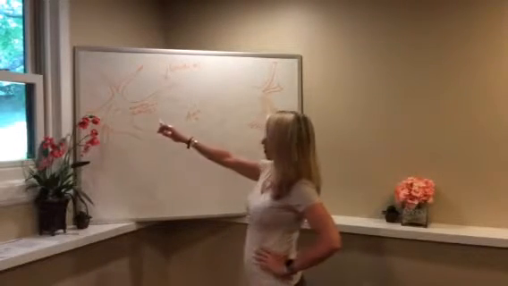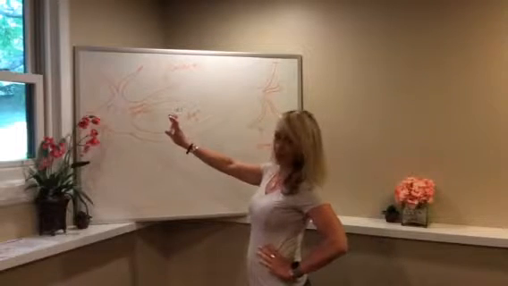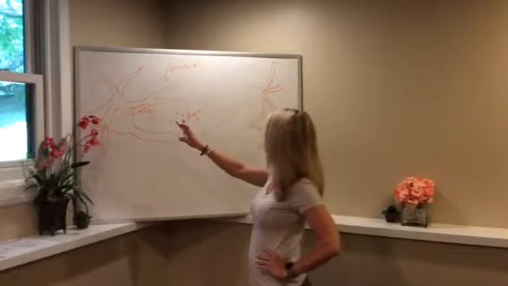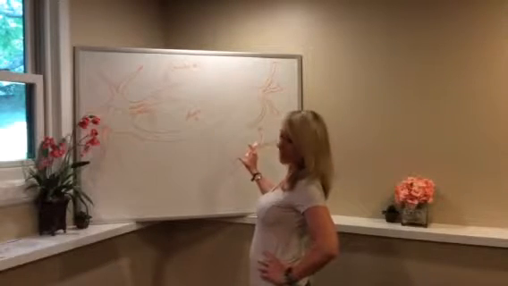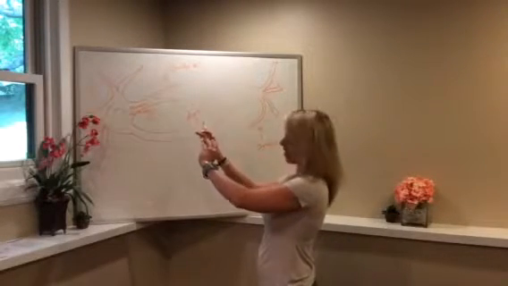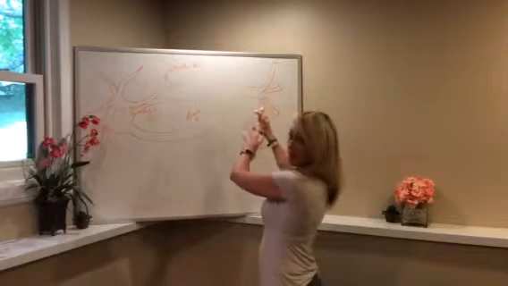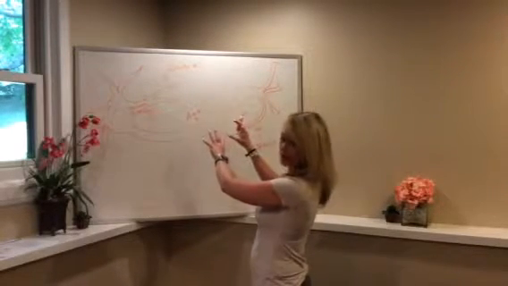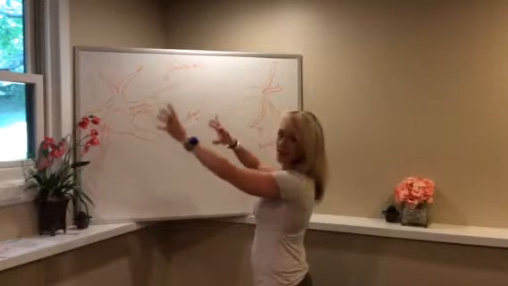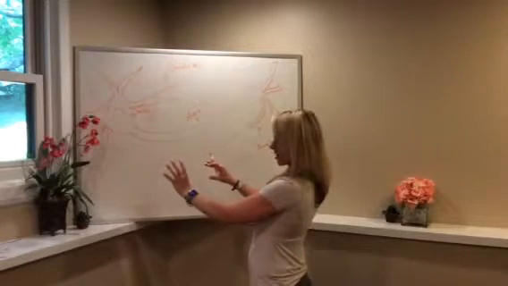Now attached to our dendrites, well, they're not attached, but next to our dendrites are going to be a variety of other synapses that are coming in from other axons, okay, or other neurons. So, and this is how our bridge is created.